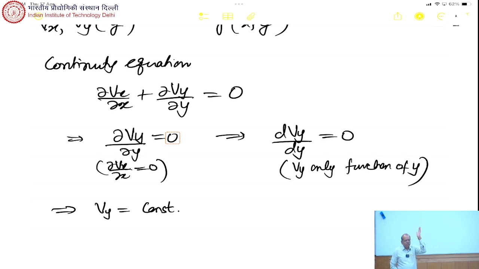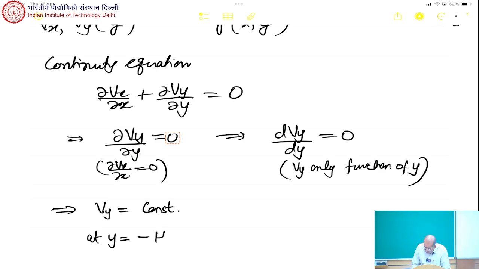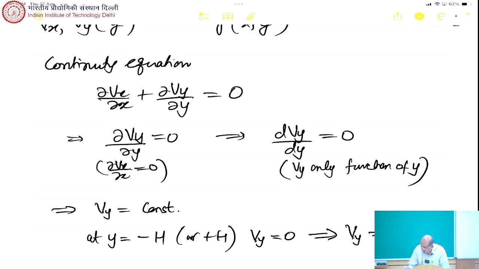Vy is constant for all y's, but I know at y equal to minus h or plus h, Vy is equal to 0. This implies Vy is equal to 0 for all y. So that means in this flow, Vy is 0 everywhere.